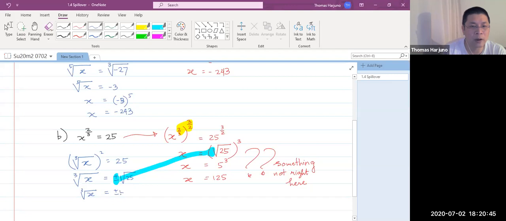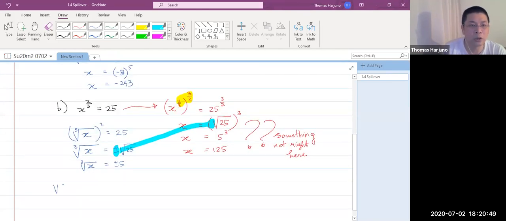Now then, the cube root of x equals 5 implies x equals 5 cubed, which is 125, while the cube root of x equals -5 means x is -5 to the power of 3, which is -125.